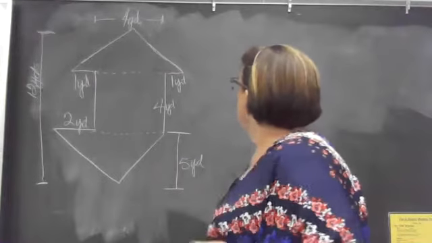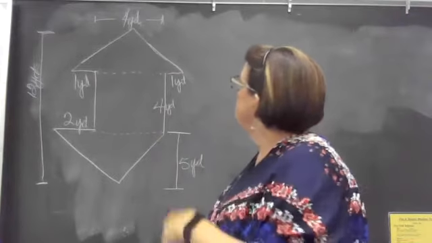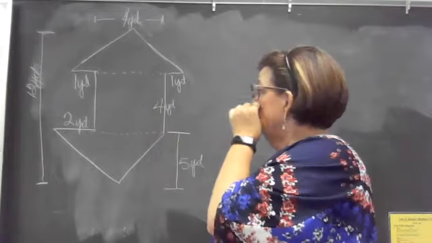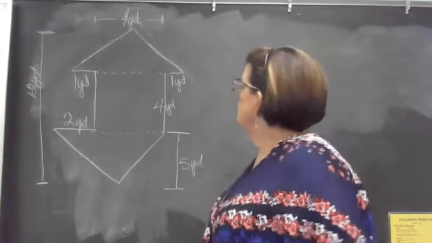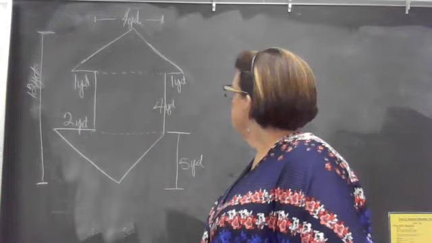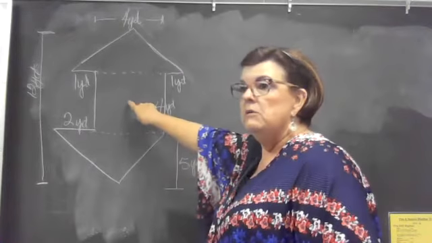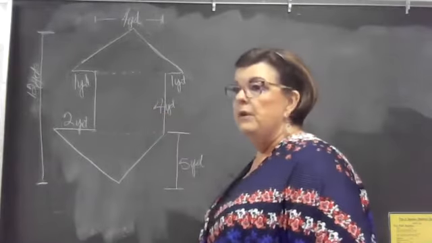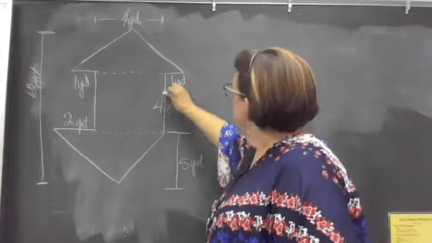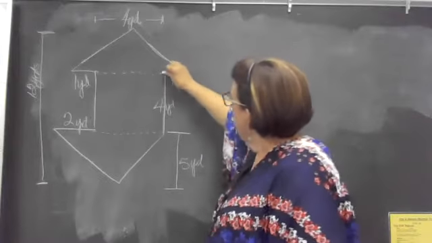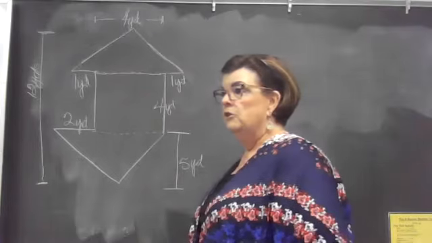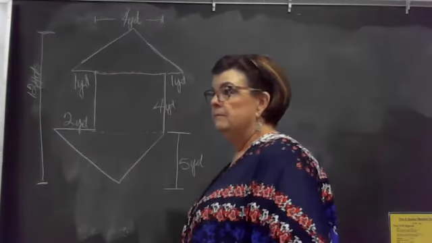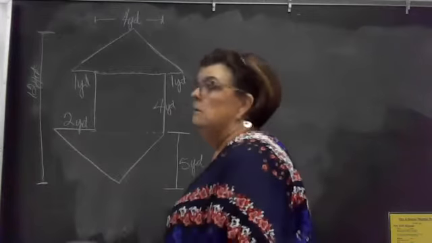Okay, so we're going to probably have to figure out some more measurements, but let's do the easy one. How about that? Let's do this rectangle, and a rectangle's length times width, right? Well, we know here's one of them. It's 4 times, what's this? Look all around. 4 times what?